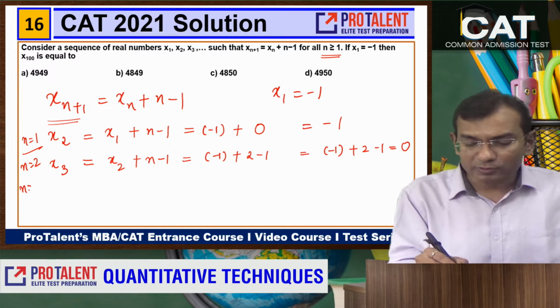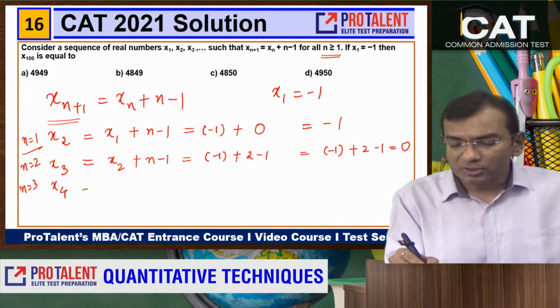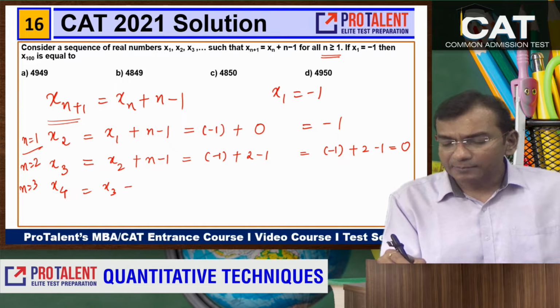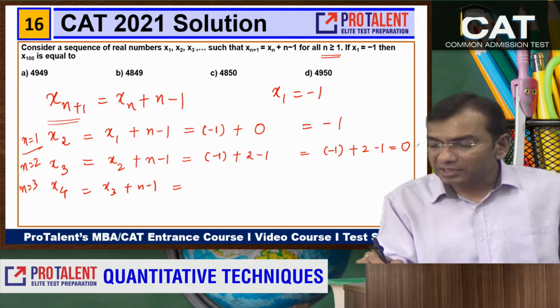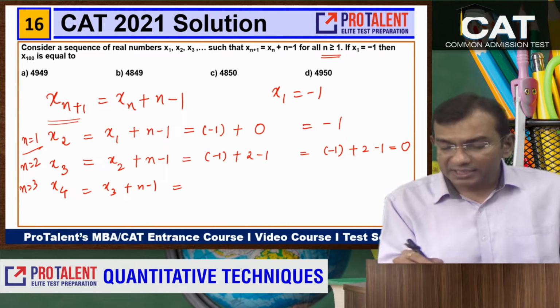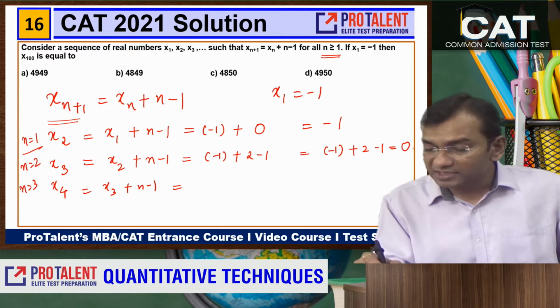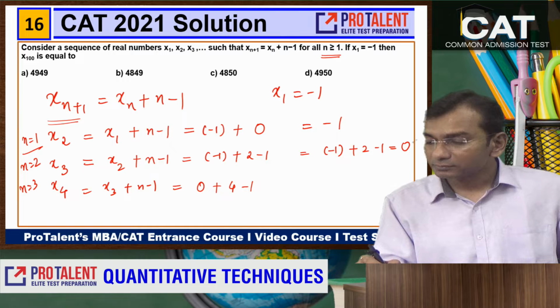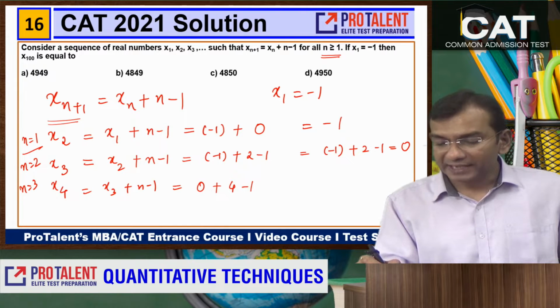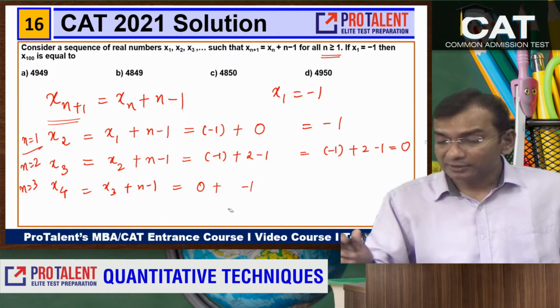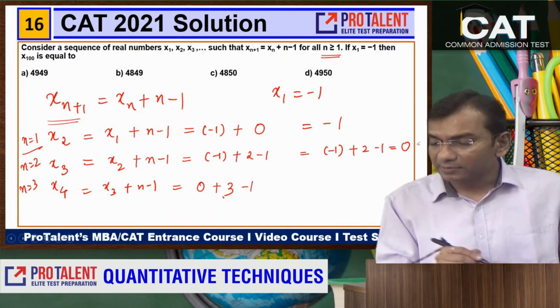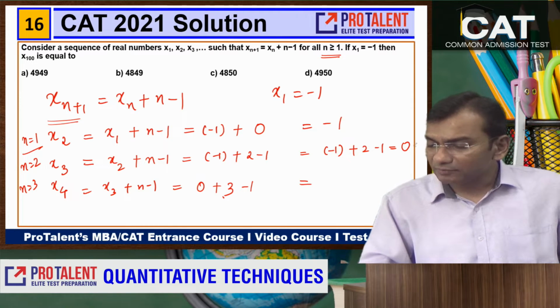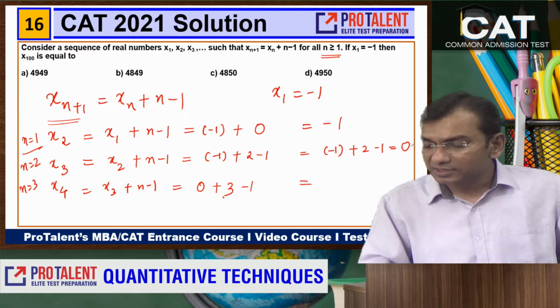Then I put n equal to 3, so x4. So this becomes x3 plus n minus 1. x3 is nothing but 0 plus n is 3 minus 1. Okay, ठीक है. I think this is pretty good. So my answer would be 3 minus 1 is 2.